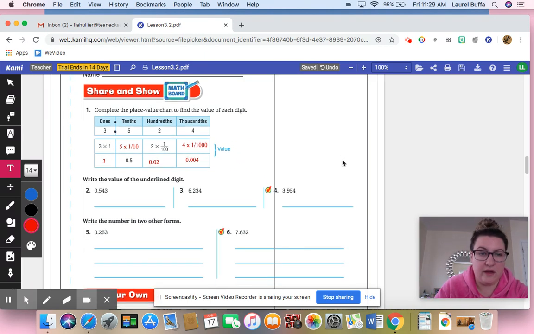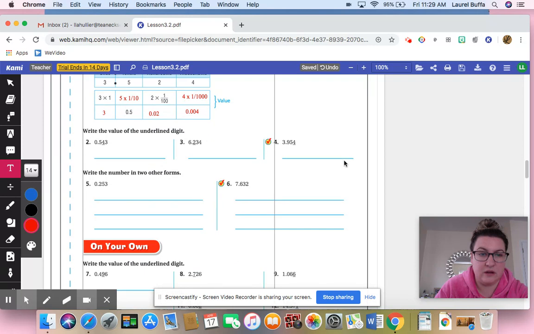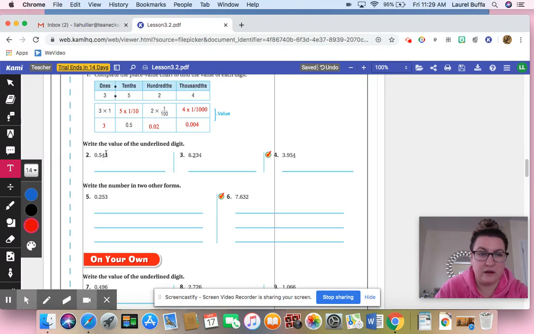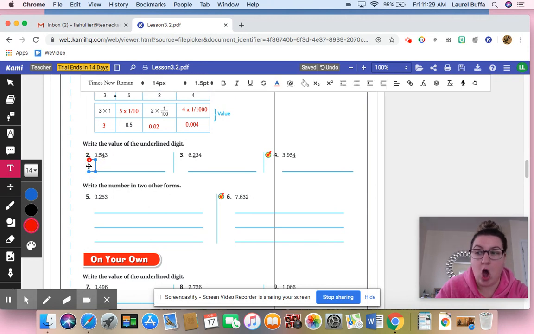Okay, write the value of the underlined digit. So again, the second place to the right of the decimal point represents hundredths. So we would write that out as 4 hundredths or 0.04. If they're asking for one place to the right of the decimal point, that represents tenths.